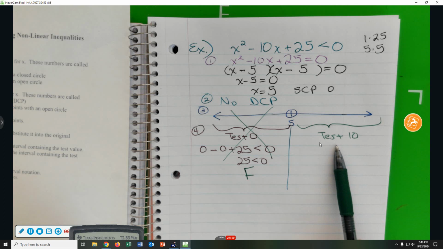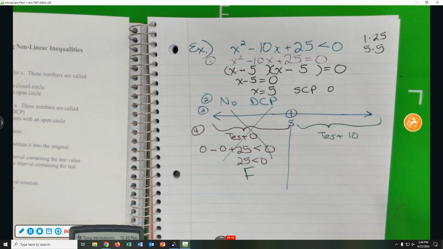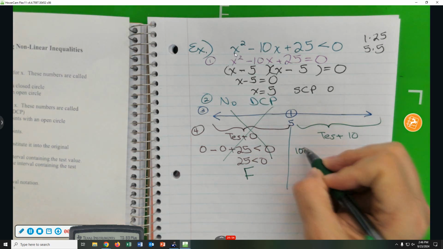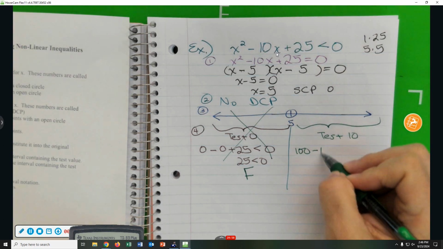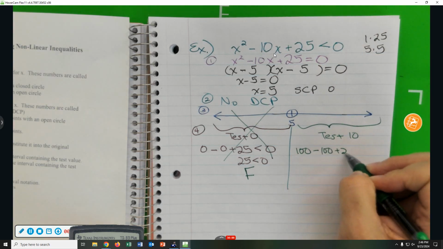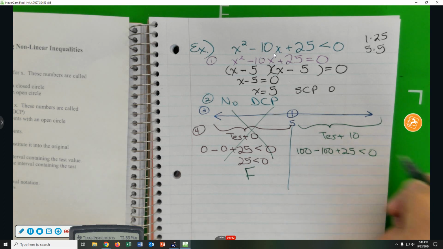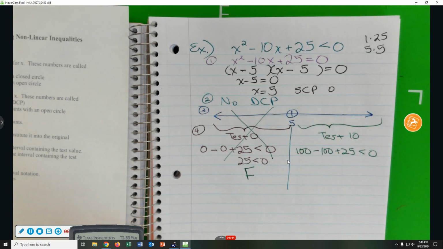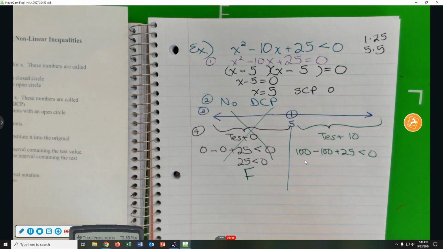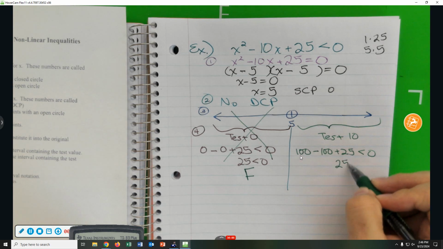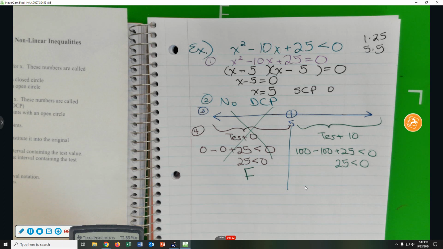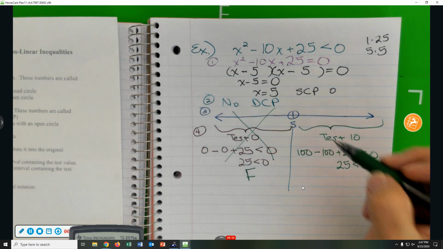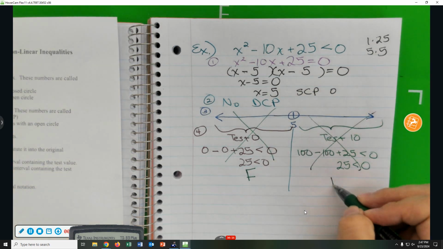Now let's test 10. 10 squared is 100, minus 10 times 10 is 100, plus 25 is less than 0. So this says 25 is less than 0 also. True or false? False. So we cross that one out, label false.